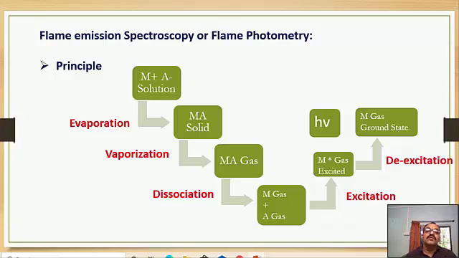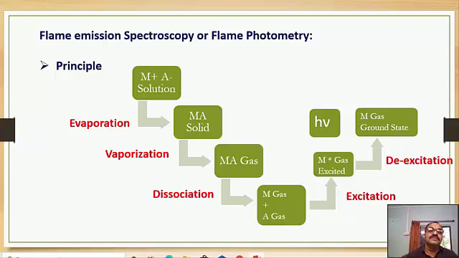If these emitted quanta are analyzed, you will get lines in the spectrum. So these are the different events that occur when an aqueous solution of a sample or a metal salt is introduced into the flame. Let's sum up all these events again.